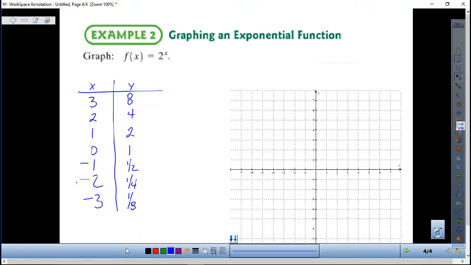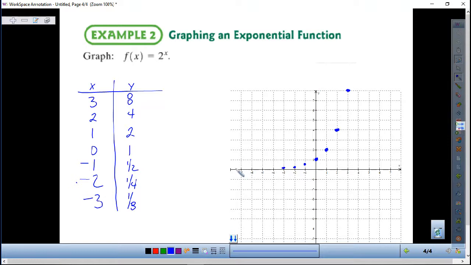So now I can plot these points: 3, 8; 2, 4; 1, 2; 0, 1; negative 1, 1/2; negative 2, 1/4; negative 3, 1/8.